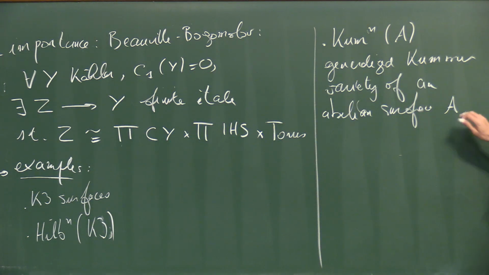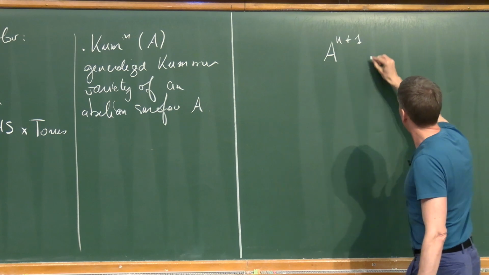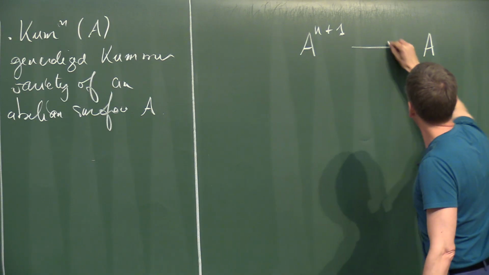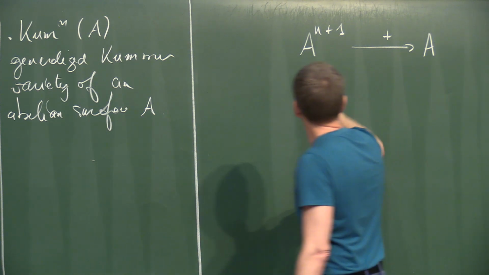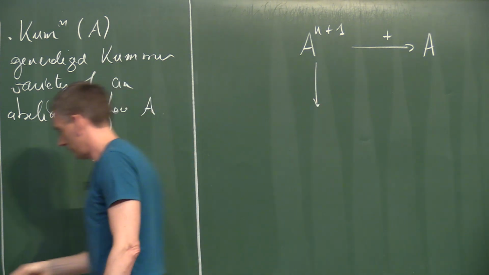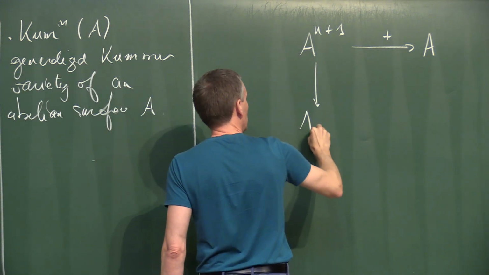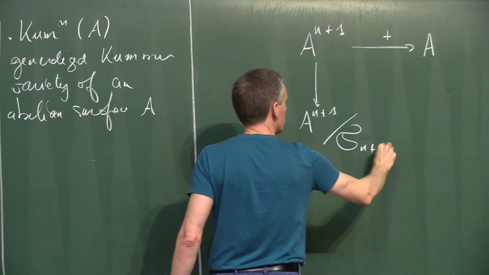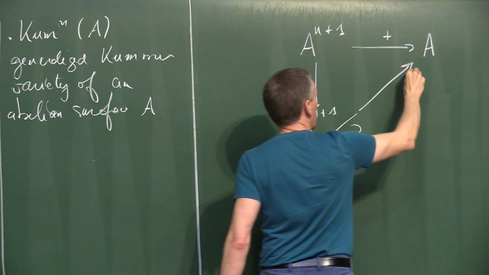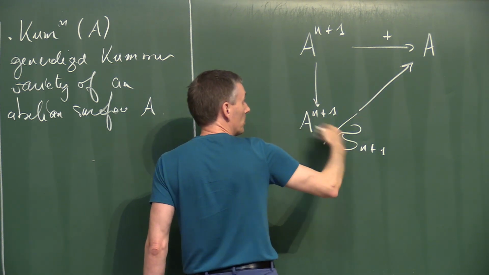We start with an abelian surface, and we consider the addition law on n plus 1 points. You will see in a minute why n plus 1 points on A. Of course, this addition is commutative, so we can divide by the action of the symmetric group acting by permutation. I consider the addition law as a map from this Chow quotient.